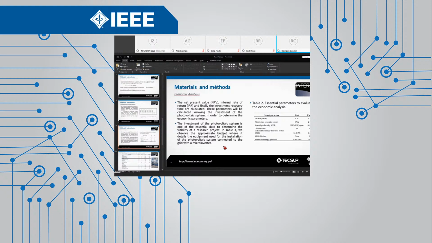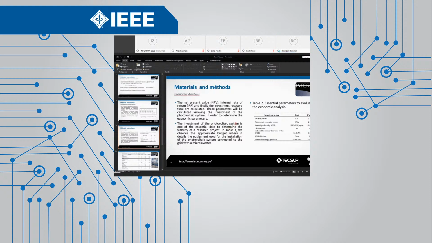The net present value, internal rate of return, and investment recovery time are calculated. These parameters will be calculated now, based on the investment of the photovoltaic system, in order to determine the economic parameters. The investment in the photovoltaic system is one of the essential factors to determine the viability of a project.